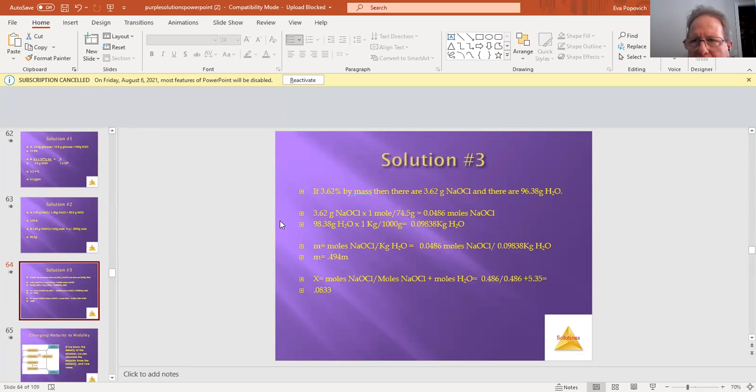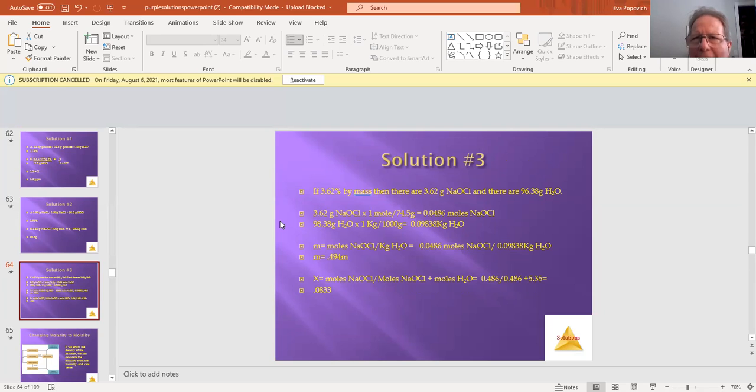Remember, mass percent is mass of your part divided by mass of your whole. So the amount of sodium hypochlorite that I have is 3.62 grams in 100 grams of solution. But in order to have 100 grams of solution, I have to subtract 3.62 from 100 to get my grams of water.